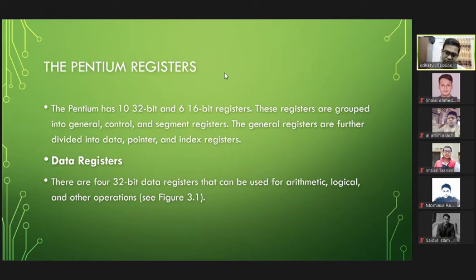So in the Pentium processor, we have several types of registers. I think you remember that previously we said there are two types of registers: general and special purpose. Special purpose is again divided into two types: control and segment.